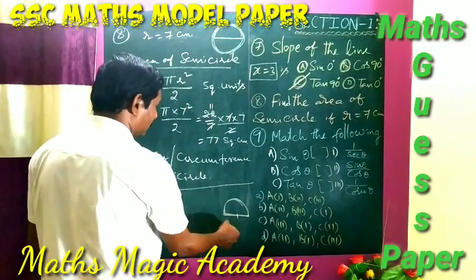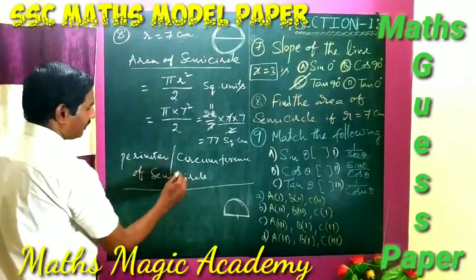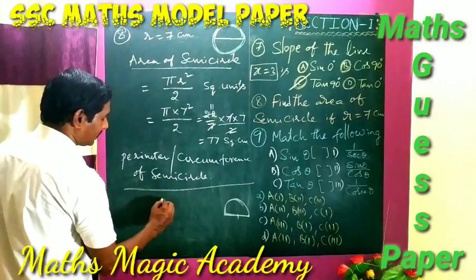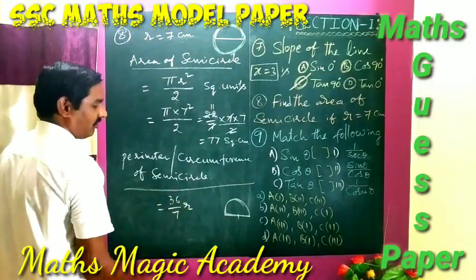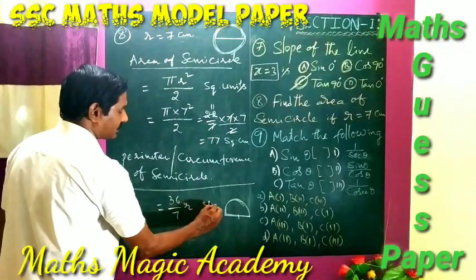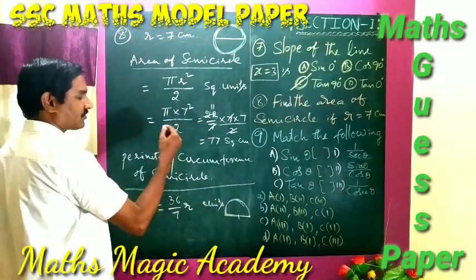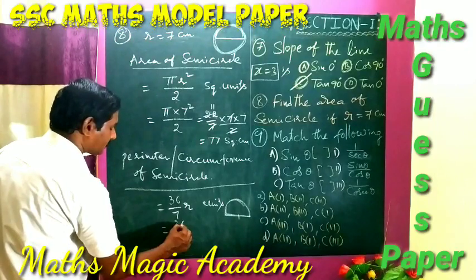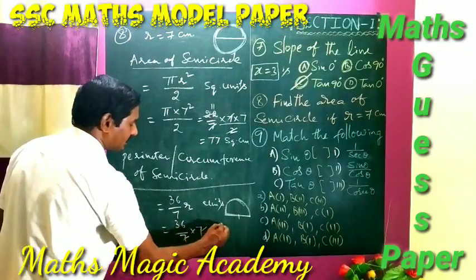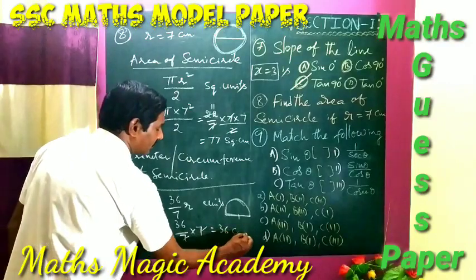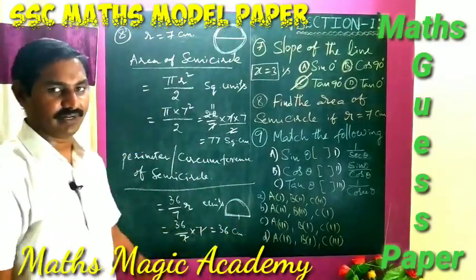So we can simply find the perimeter or circumference of a semicircle by using the formula 36 by 7 r units. It is units only, it is not square units. So 36 by 7 into radius 7. So 7 cancels, 36 centimeters. Like that we can find.